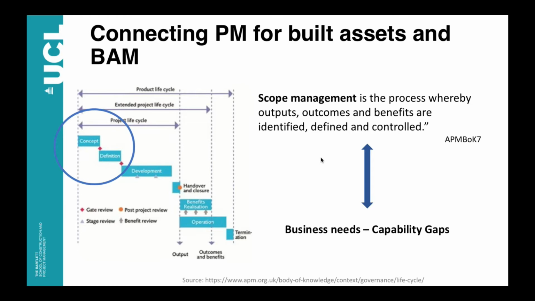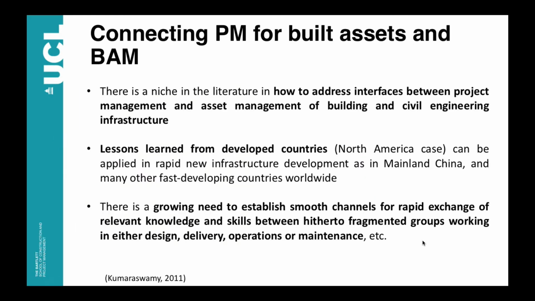So, as you can see, we need to align the scope of the project with the business strategy for our organization, with the business needs that we identified in our initial analysis.